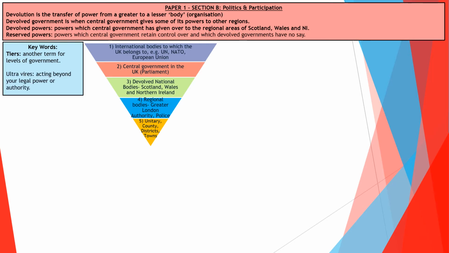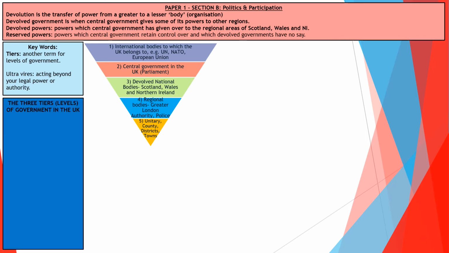We also have ultra vires, which is a Latin phrase for when part of the system will act beyond the legal powers or legal authority that it has. So again, none of these devolved powers can act beyond the powers they've been allocated. Within the UK, there are 3 tiers to government. So we have central government, as mentioned before, that's Parliament, that's the most powerful part of the UK political system.